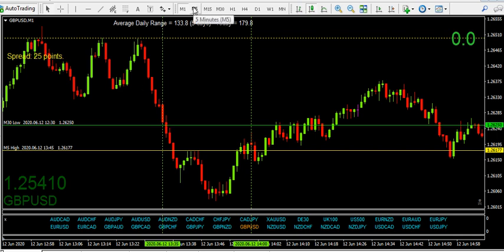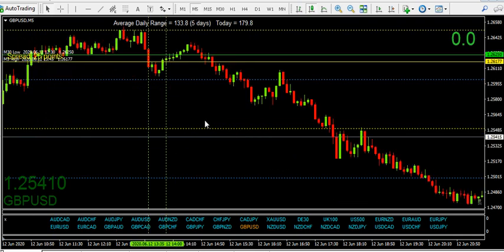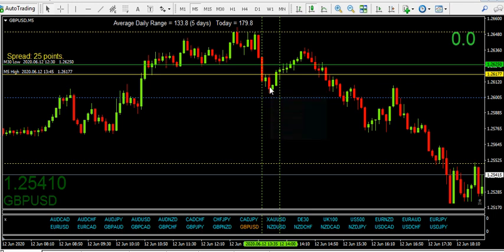So if we go back to the 5-minute chart, what have we got to do now? We've got to make sure it hasn't reversed on a 15-minute chart, because it has reversed up on a 15-minute chart. We then need to make sure we've done a 3-candle reversal to the downside on a 15-minute chart.